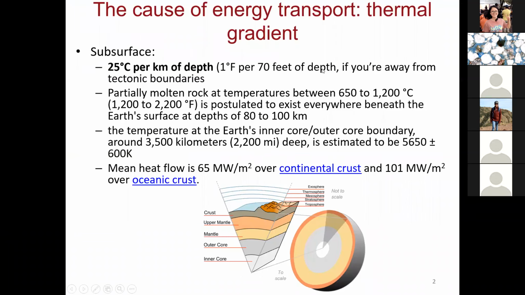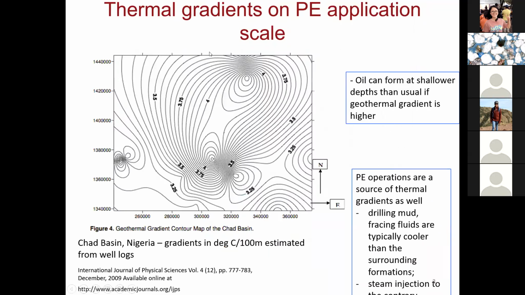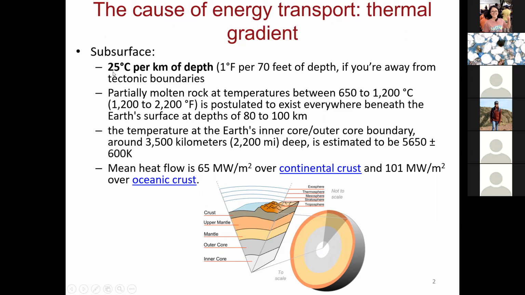Just if we think about the cause of energy transport, it is the thermal gradient. Let me just move this a little up. Okay. Thermal gradient. If I think about the subsurface, there's about 25 Celsius degrees per kilometer of difference.